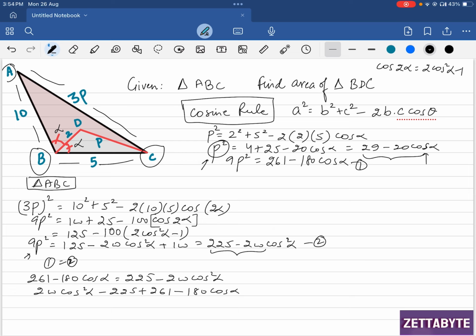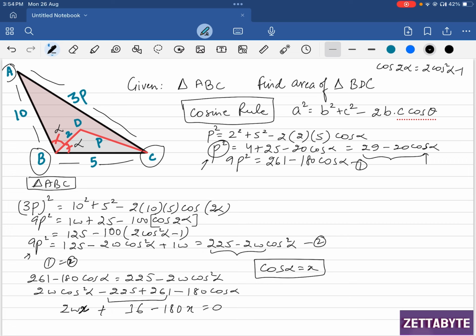Can we let cos alpha be some variable x? So let's say that cos alpha we are letting x. Okay, guys, now solve this. You will get 200 x square minus 180 x plus 36 equals 0, with cos alpha now replaced by x.